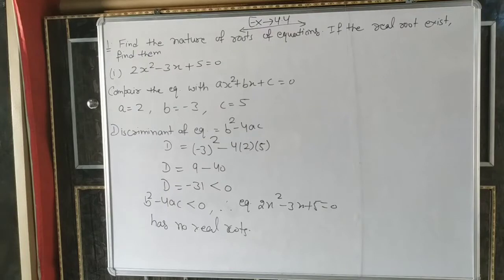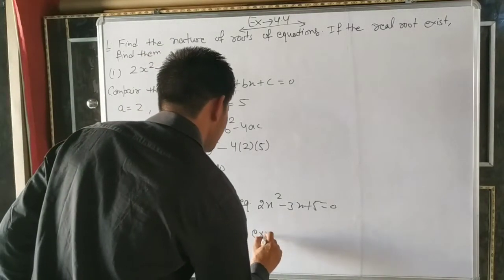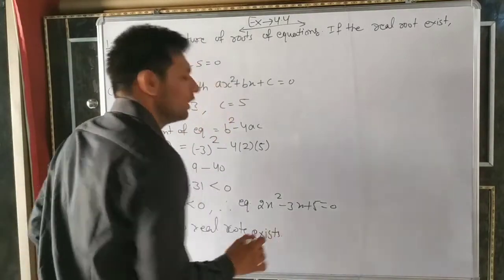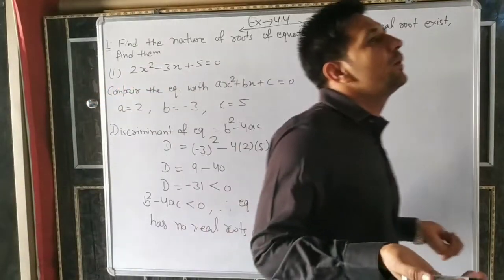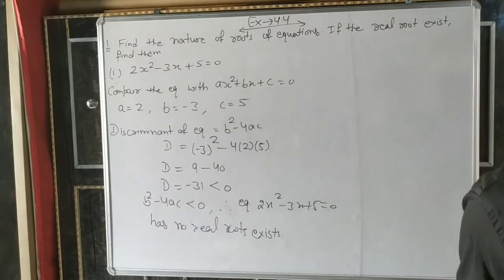But there is no real root, so no need to find. So we will leave it here. Understand it? So we will write no real root exists. And if there is no real root, how can we find? We cannot find. Understand? So it is your first part of the first question.